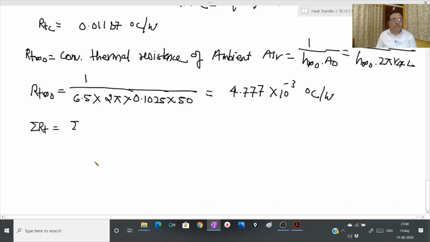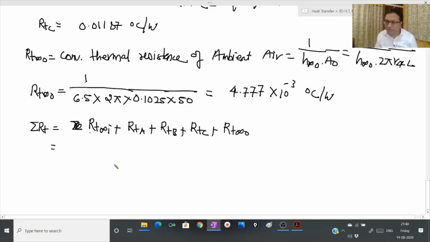This will be nothing but the summation of RT infinity I plus RTA plus RTB plus RTC plus RT infinity O. Let us put all the values: 4.134 into 10 to the power minus 4 plus RTA is 1.373 into 10 to the power minus 5. Let me check.